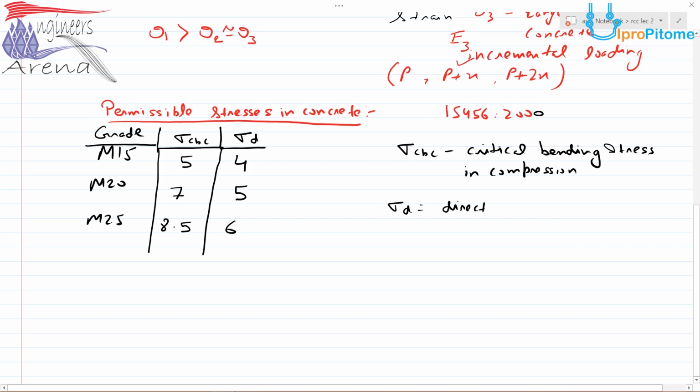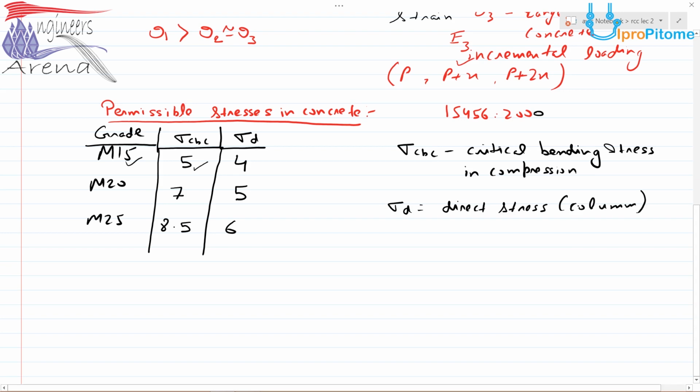And what is sigma D? Sigma D is the direct stress. We will use this in columns. Sigma CBC is the bending stress in compression.